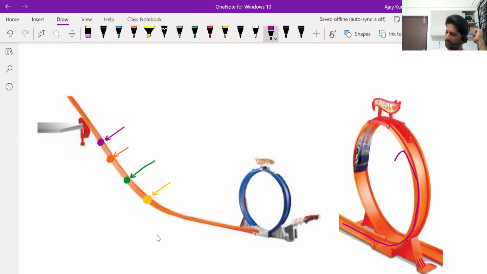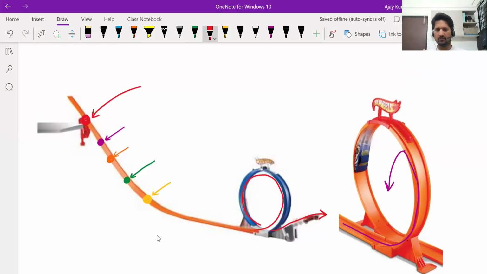There you will see it falling off the track like this. It won't be able to go all the way to the top. But going all the way to the top is also possible if you give it sufficient velocity. So if you release it from the necessary height, you can make it complete the loop along the track itself and go out of the track like this.